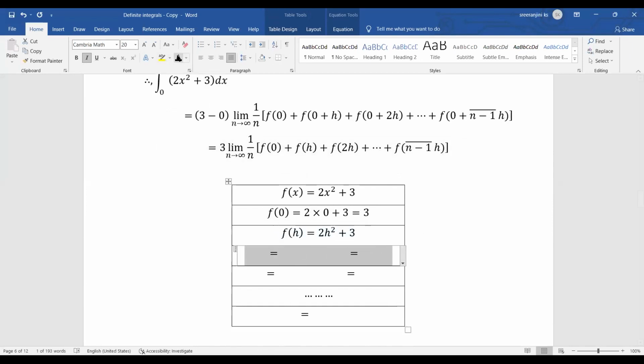Now f of 2h. Two into x square, so 2 into 2h square plus 3, that will be 8h square plus 3.